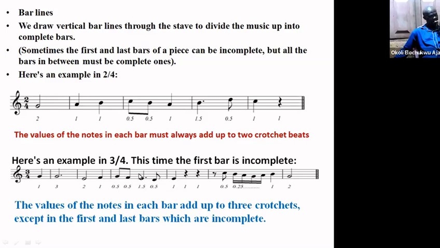Remember, I said earlier that this is not 3 crochet notes, but 3 crochet beats. So here you are working with beats now, not necessarily the notes. So you are talking about the value of the beats that must be contained in a single bar or in a measure.